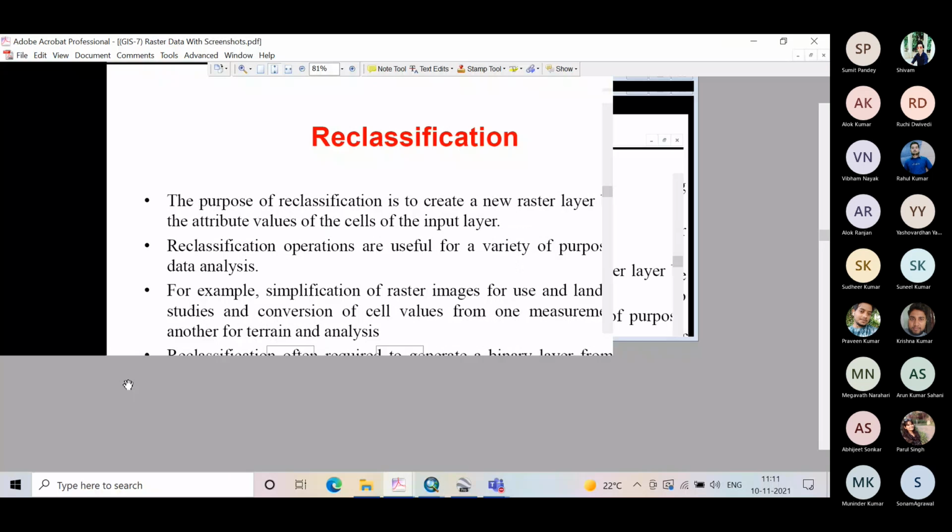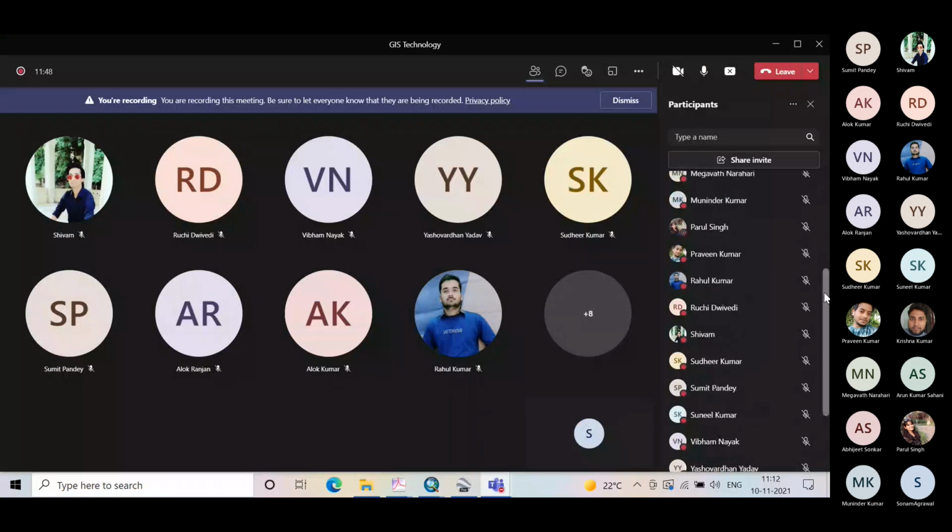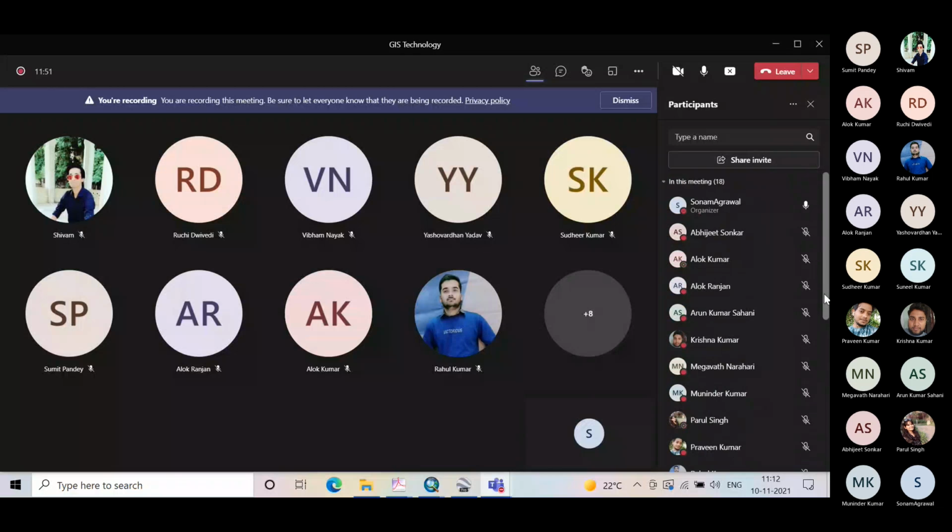Anyone? Let's check. Abhijit? Yes, ma'am. Yes, Abhijit, what is resampling?